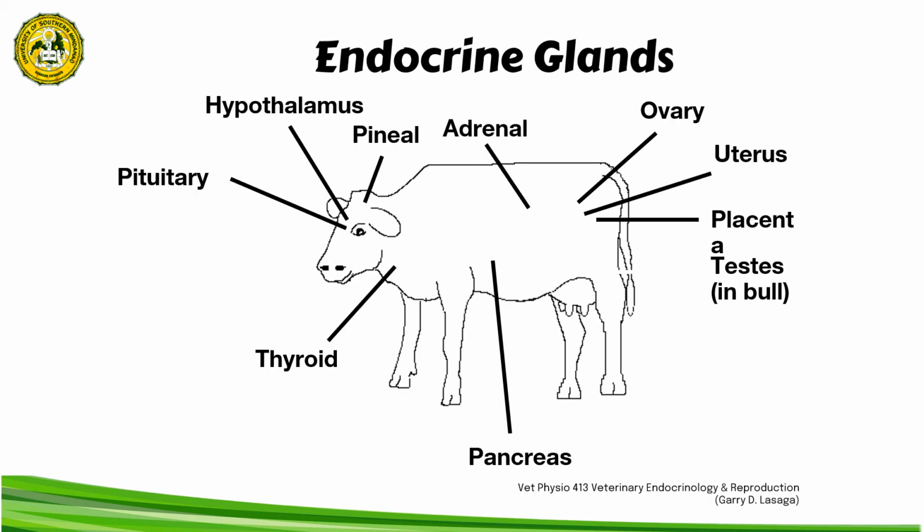So let's now proceed to the different examples of the endocrine glands. Examples of the endocrine glands are the hypothalamus, the pituitary gland, the pineal gland, the thyroid, adrenal gland, ovary, uterus, placenta, testes, as well as the pancreas.